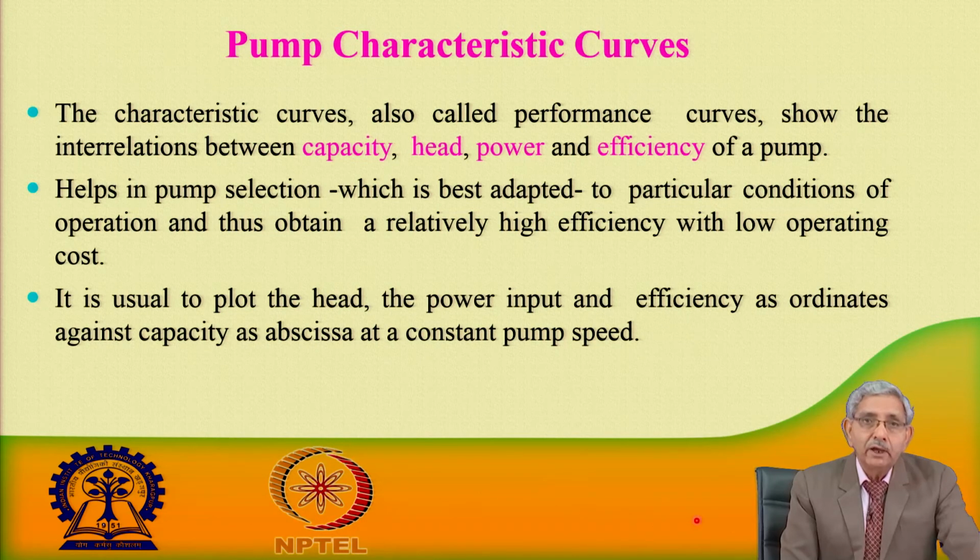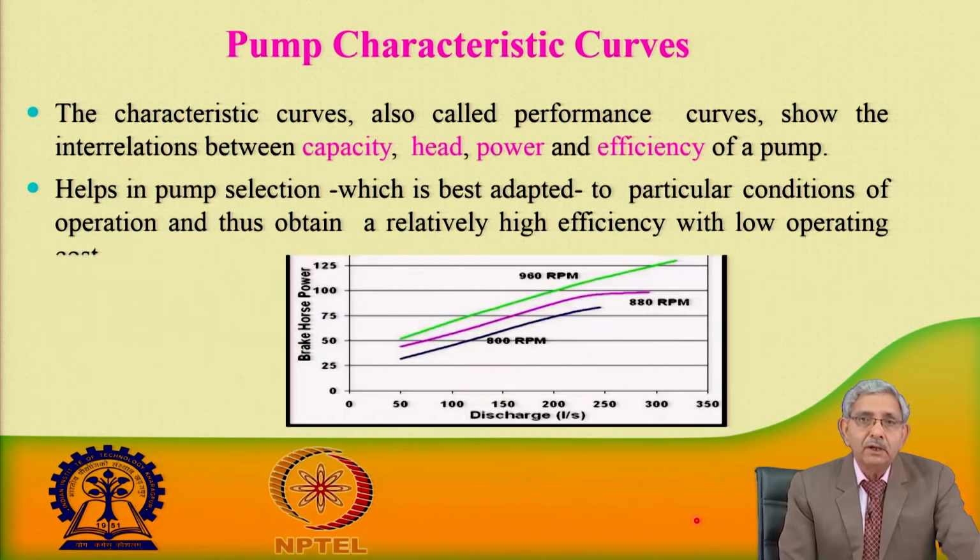It helps in selecting the pump best adapted to a particular condition, and thus it obtains relatively high efficiency with low operating cost if it is properly matched and the best operating conditions are satisfied. It is usual to plot the head, the power input and the efficiency on ordinates and capacity on the abscissa, at a constant pump speed.